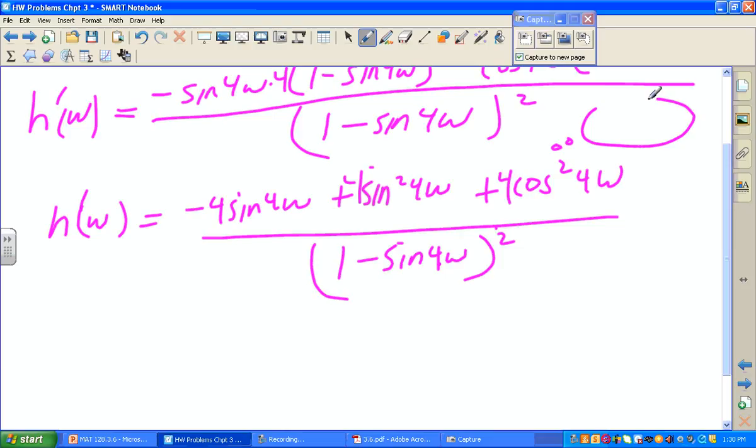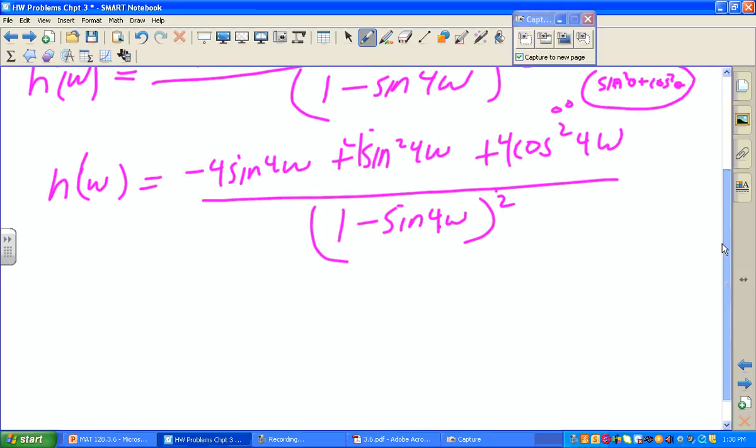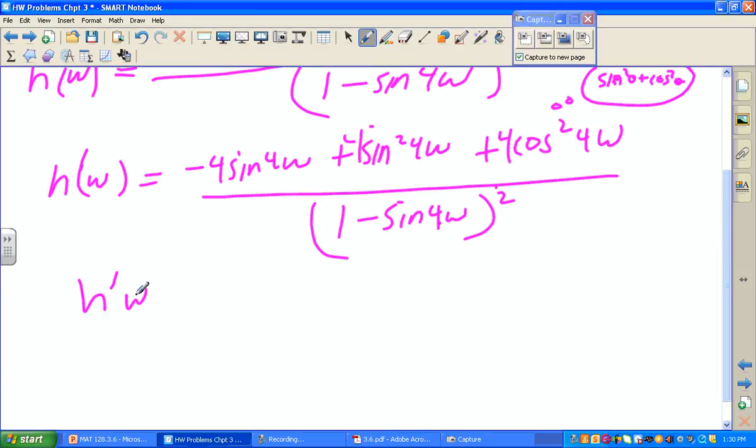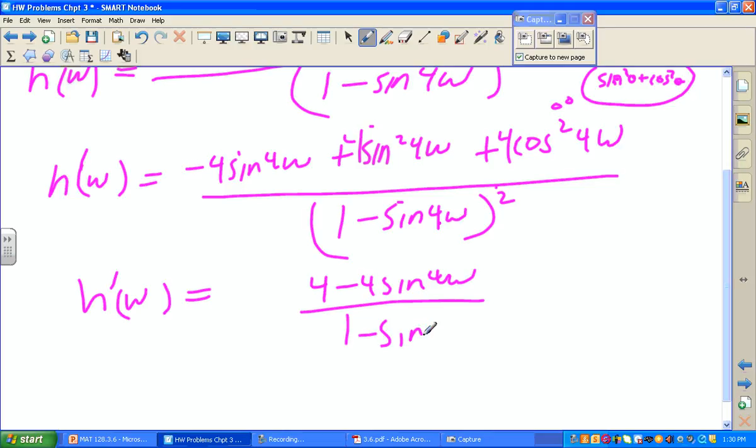You know on your note card that sine squared of theta plus cosine squared of theta is 1. There's 4's in front of it. So it equals 4. And through careful manipulation, I can write this as 4 minus 4 sine 4w over 1 minus sine 4w squared.